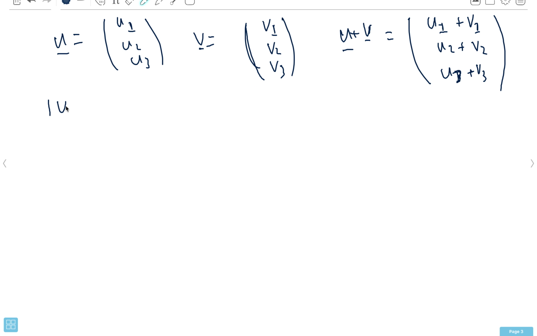Now, to take mod u plus v squared, I just take the modulus of this and we square it.